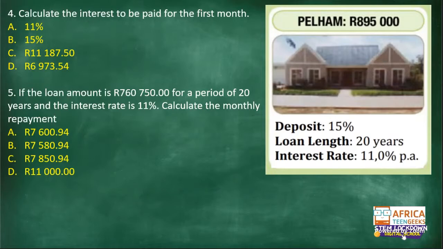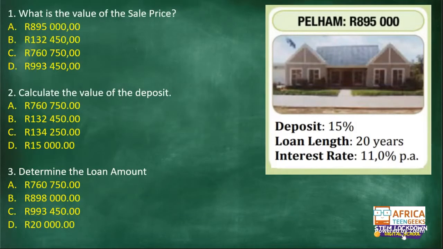And of course, if the loan amount is 760,750 rands, we need to calculate the monthly repayment, the monthly fee that we're going to pay. Very simple. You have a choice. You can either use the formula for interest, or you can use the normal calculation of interest by taking the 11%. You take the entire amount of 760,750 rands, calculate 11% of that amount, and then divide it by the number of years.